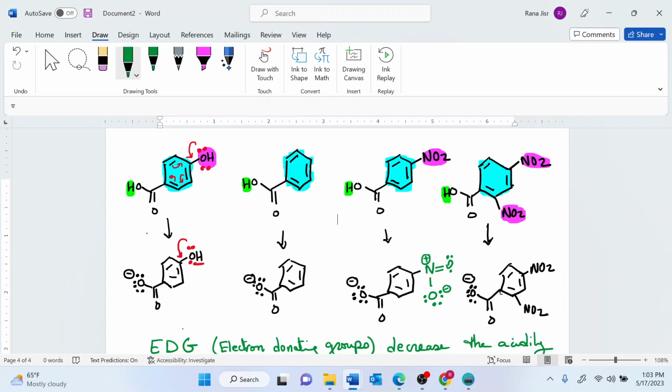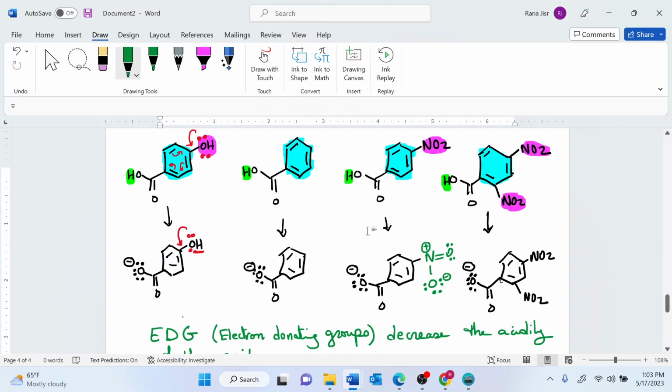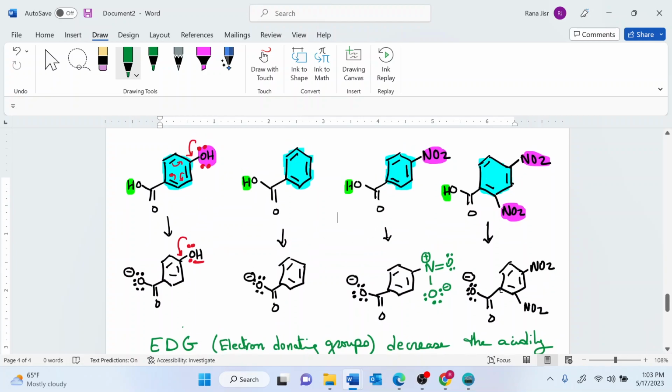That is going to satisfy the valence electrons. Now notice the difference here. This oxygen has lone pairs, and the lone pairs can be donated to the benzene by simply doing resonance. This nitrogen has no lone pairs to donate. In fact, it has a positive charge. This means that it has no electrons to give to the benzene.